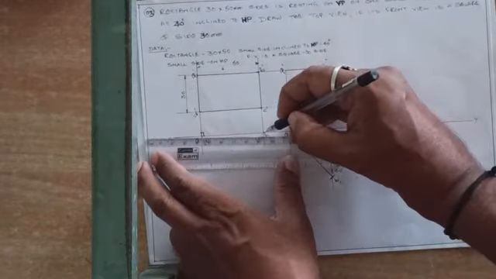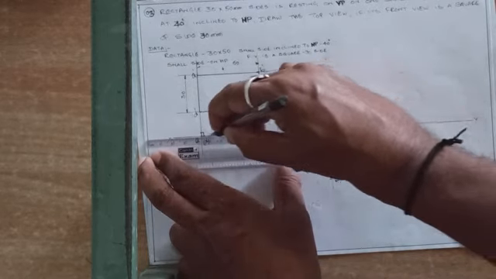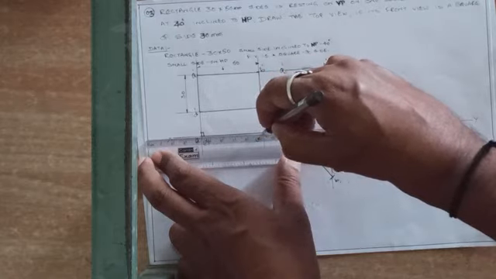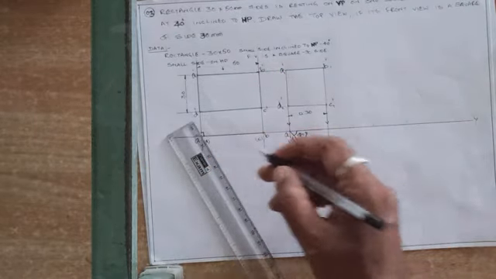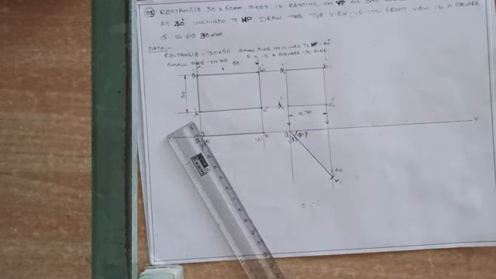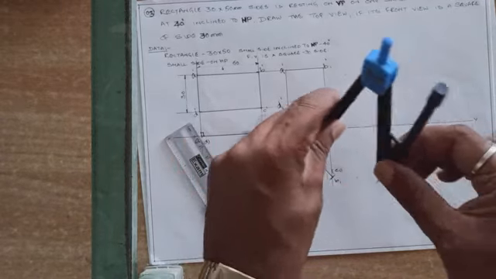Now this top view, you have to make a thick line. So this length you have taken here. How can I mention? Okay, I will mention it for you.